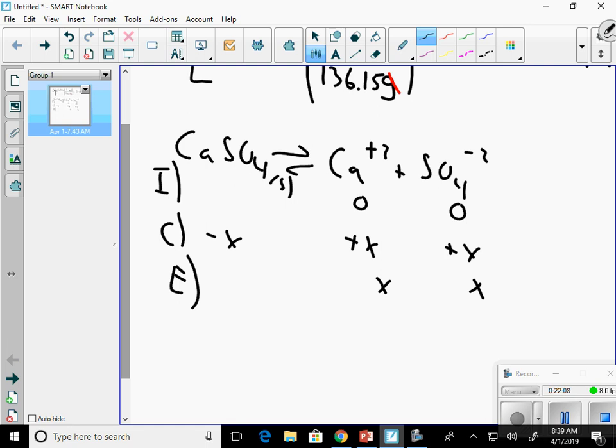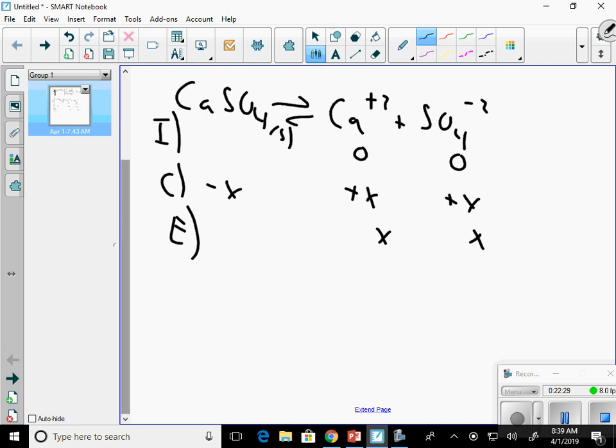Because calcium and sulfate are in a 1-to-1 ratio, at equilibrium, the concentration of just the calcium should be the same value as the concentration of just the sulfate. Now again, this ice table thing you might not even really have to do because it seems kind of, well, yeah, duh, type thing. And I get that.